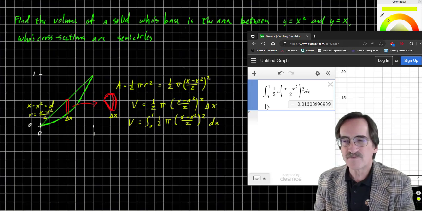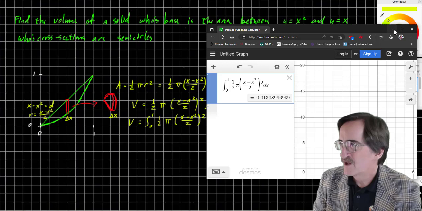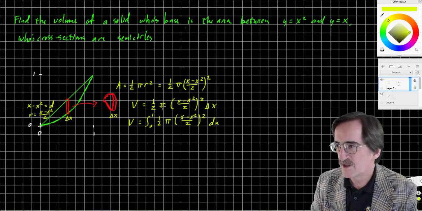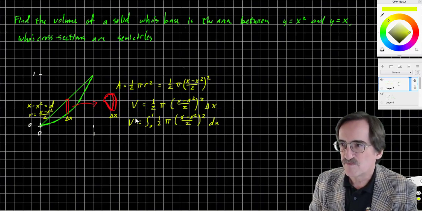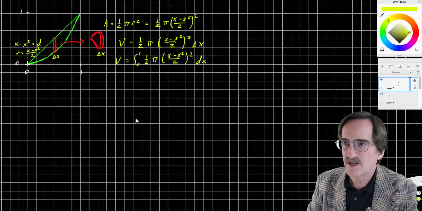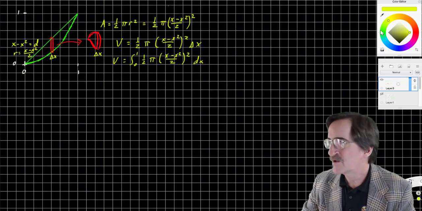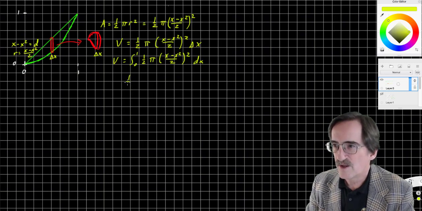But what if we had to find the volume exactly? Could we do that? Well, to find the volume exactly requires integration by hand. So let's do that. Let's move this up here a little bit and find the integral. Okay. So we're going to move the constants out. 1/2 pi times the integral from 0 to 1.